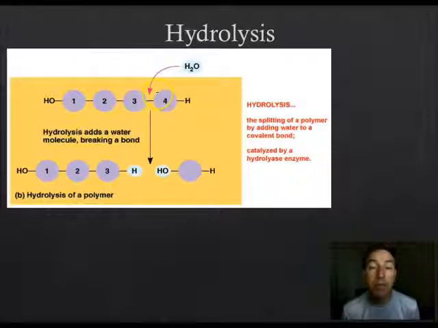So in this case, our reactants are a water and a large polymer, and our products are a smaller polymer and a monomer in this case. And so water breaks apart, and the hydrogen goes to one side and the hydroxyl group goes to the other. So this is hydrolysis. We add water to break a polymer.